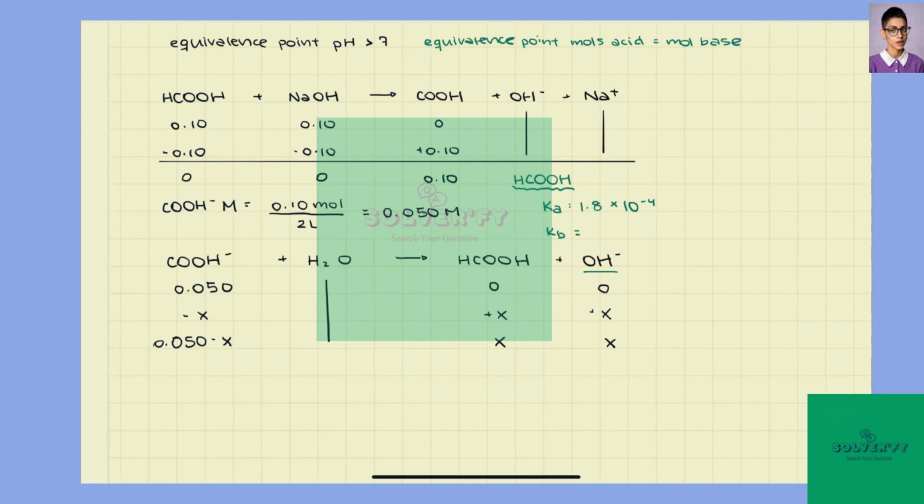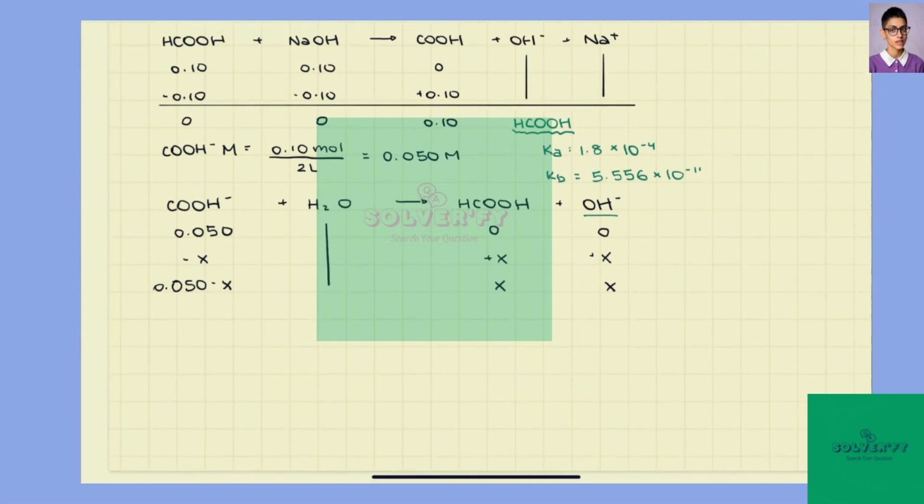Kw is 1.0 times 10 to the negative 14th power. Using this relationship, we can solve for our Kb, which gives us 5.556 times 10 to the negative 11. We will use our Kb value to solve for our OH minus molarity.